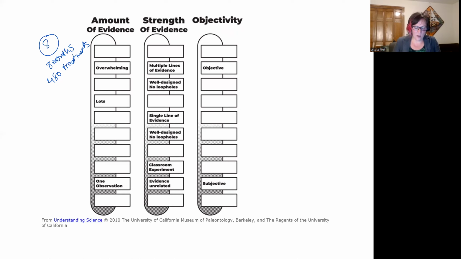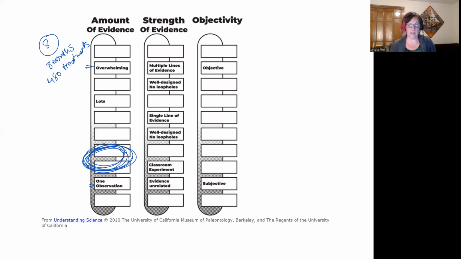So it's not one observation, but it's definitely not overwhelming either, and it doesn't compare to a control. We'll talk about that next. So I would put this on the lower end, somewhere around here, for the amount of evidence generated in this particular study.